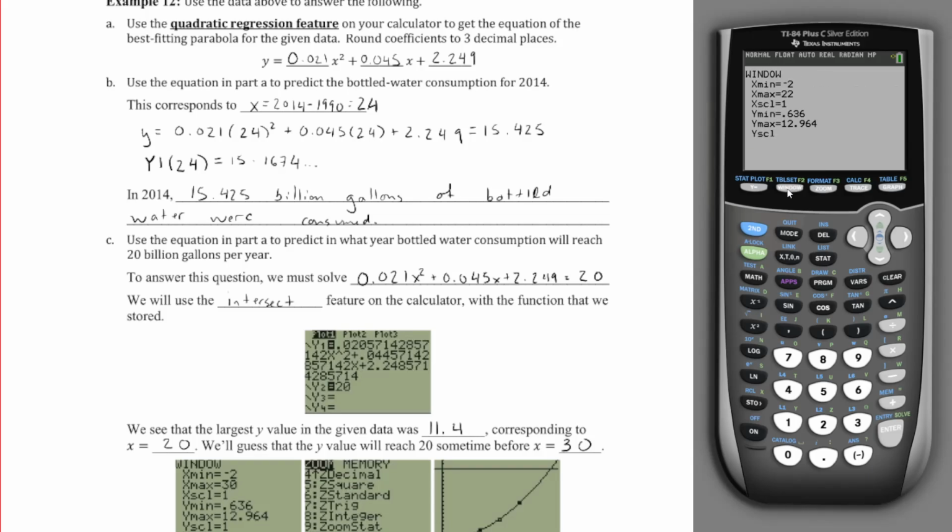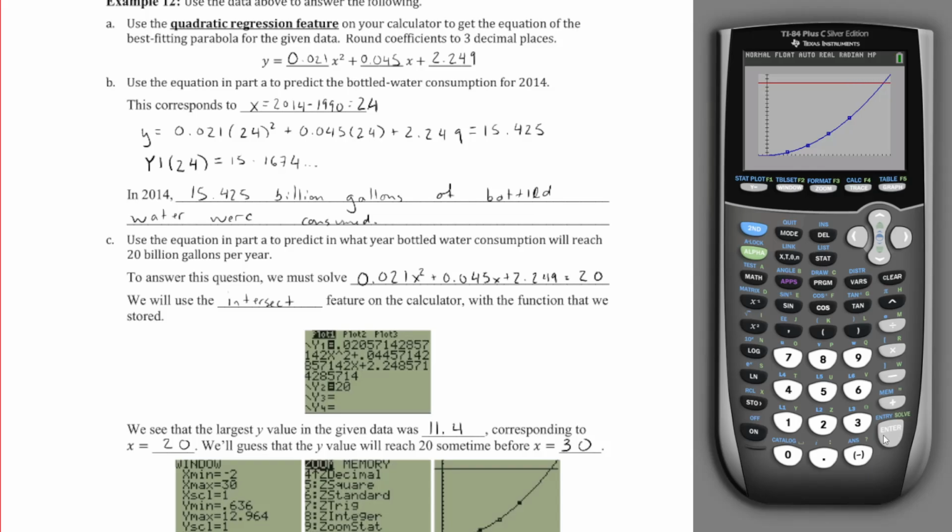So when I go to my window, I'm going to leave x min alone. I'm going to say, let's have x max go up to 30. And then I set my x values. I want the calculator to automatically set my y values, so I'm selecting zoom fit. And there I see my scatter plot, my curve going through it, and then my horizontal line.